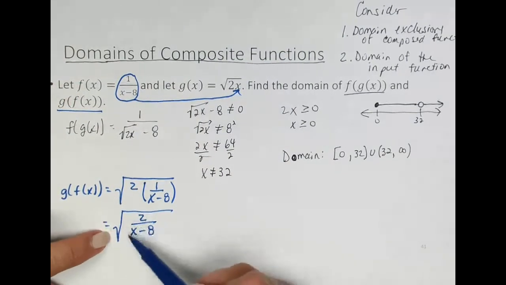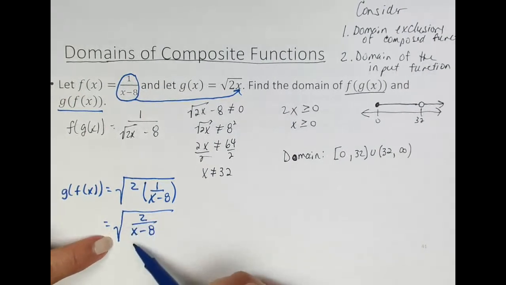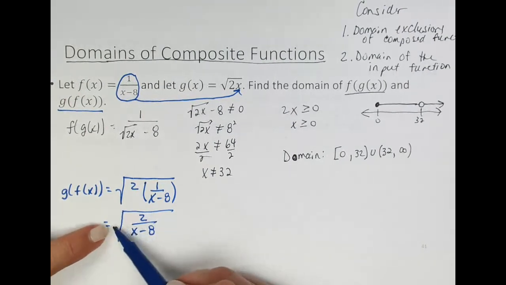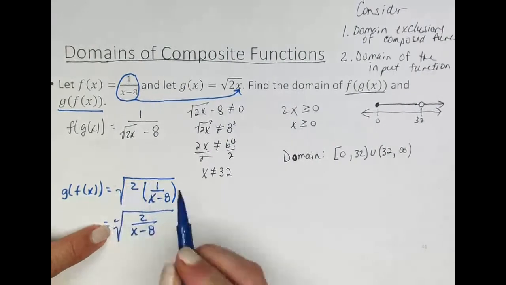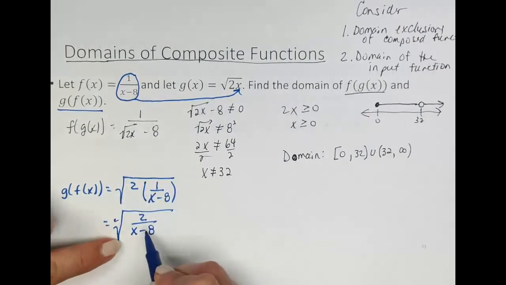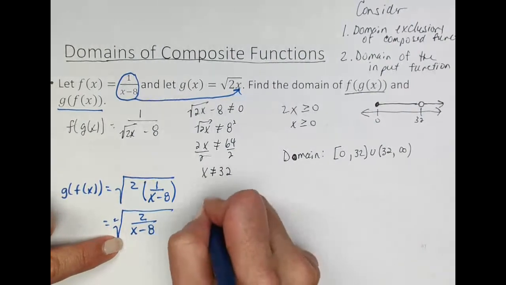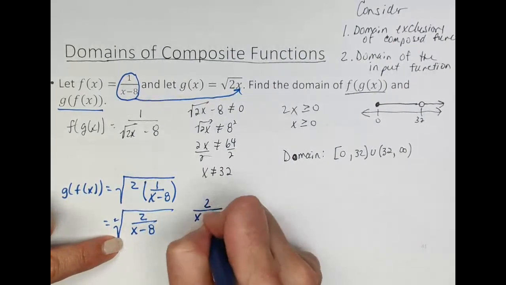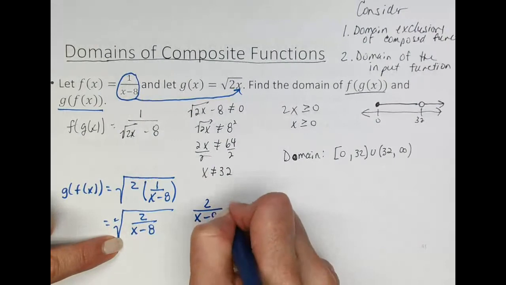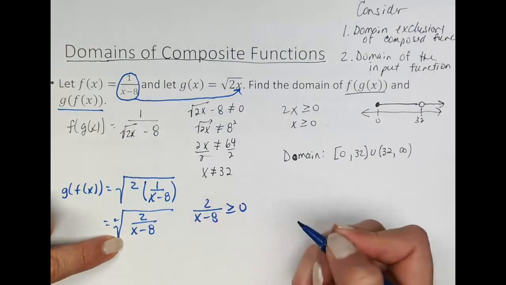Here's my composed function. That's an even radicand, a square root. We don't write the 2, but that's a square root. So that means this 2 over x minus 8 has to be greater than or equal to 0.